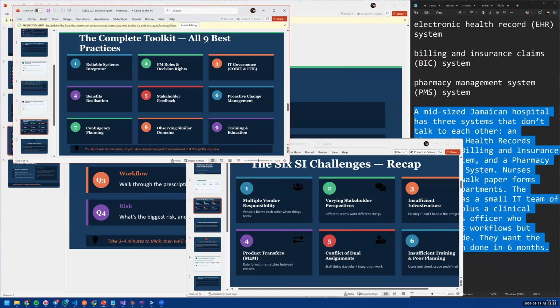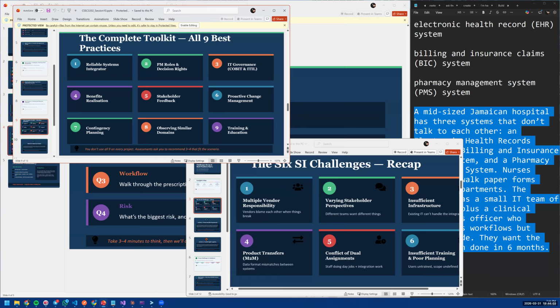Sir, I'd say the three problems that could arise from this would be multiple vendor responsibility, conflict of dual assignments, and varying stakeholders' perspectives. Can you tell me firstly how you think those could arise as challenges and what best practices you'd use to address them? Let's start with why you chose those challenges.